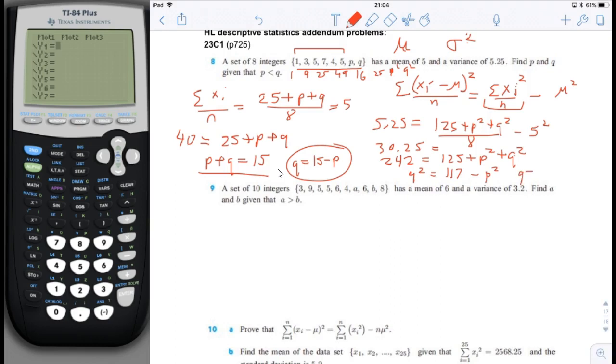So Q is equal to the square root of 117 minus P squared. So let's put those two equations in the calculator. 15 minus x and square root of 117 minus P squared. Okay, and then we'll graph.